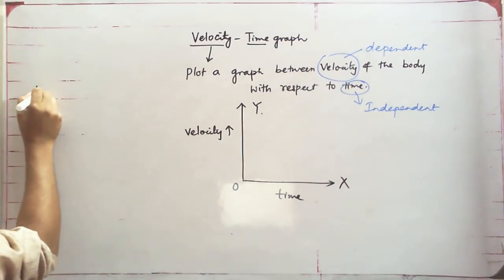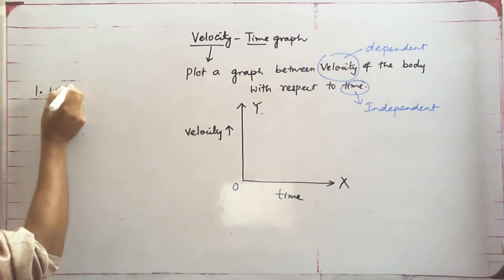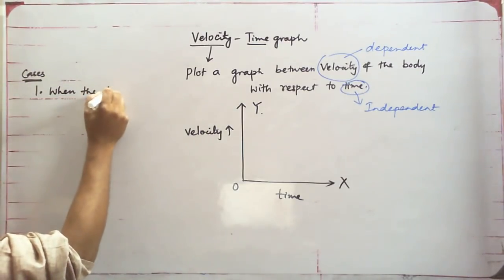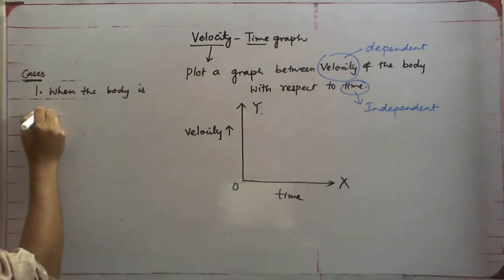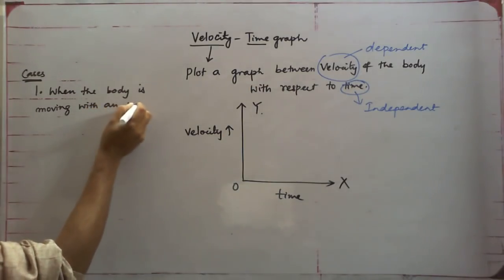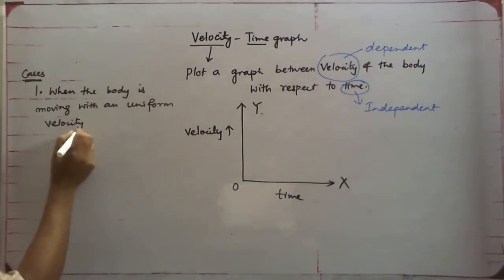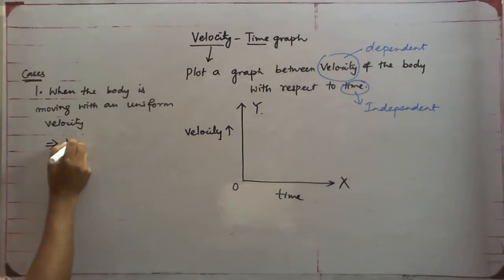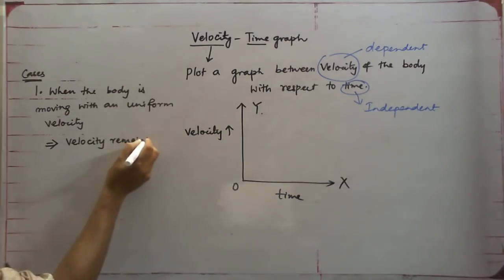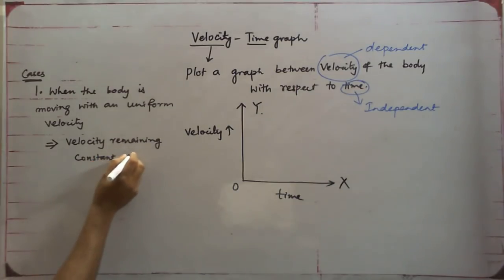The first condition is when the body is moving with a uniform velocity, means we can say velocity remaining constant with time.